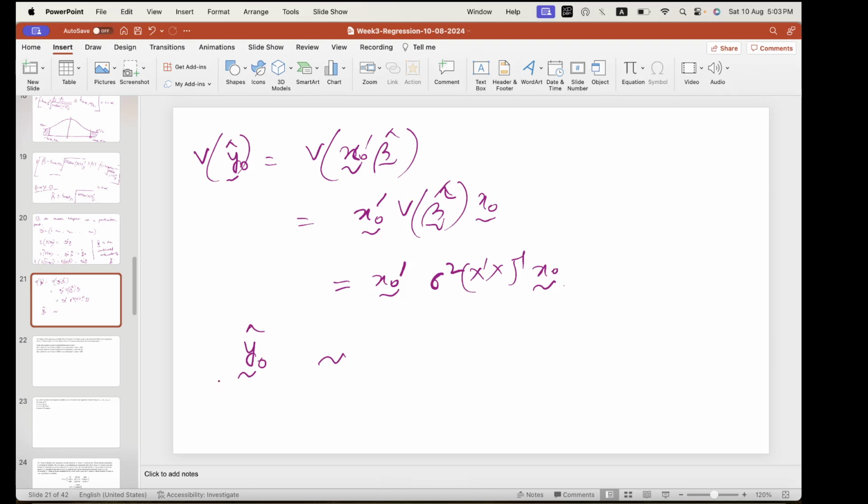So then y naught hat would follow a normal distribution with mean y naught and this as its variance, sigma square x naught prime (X prime X inverse) x naught.